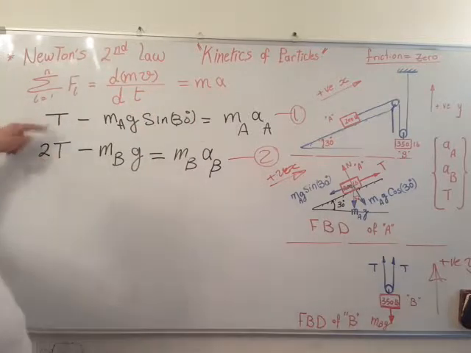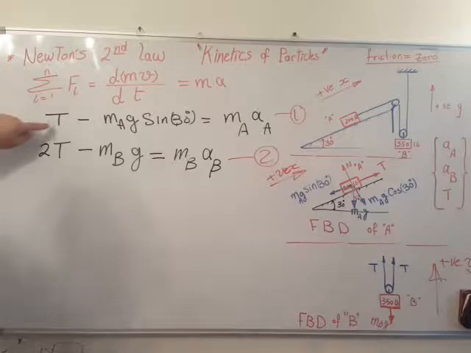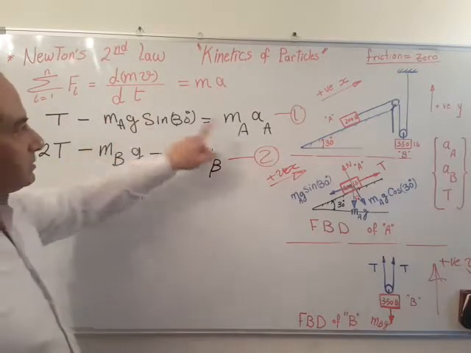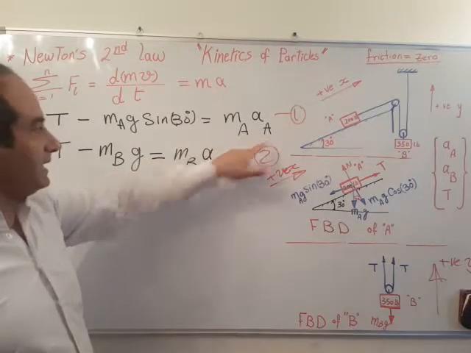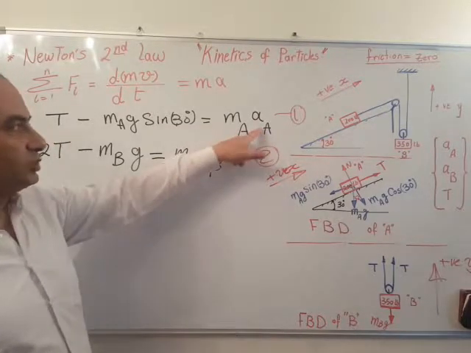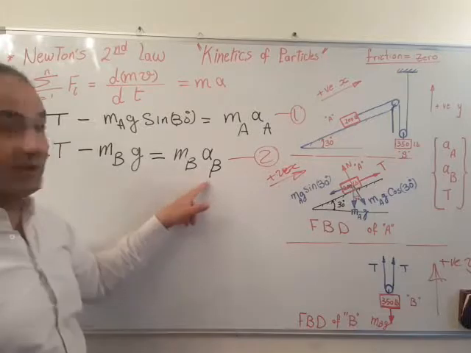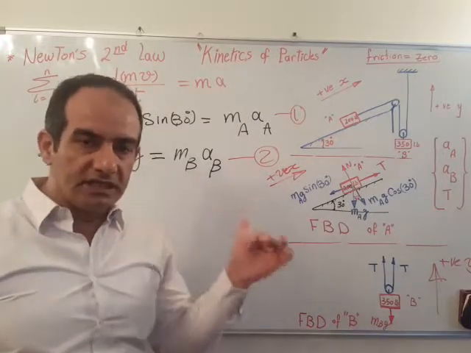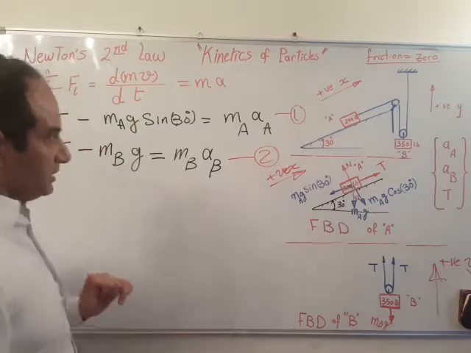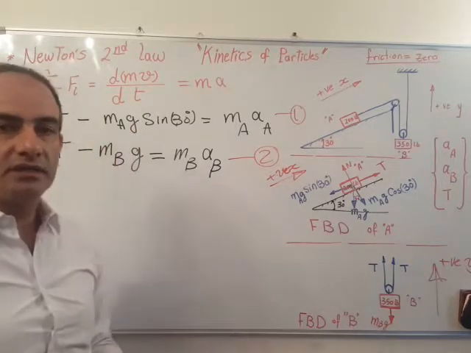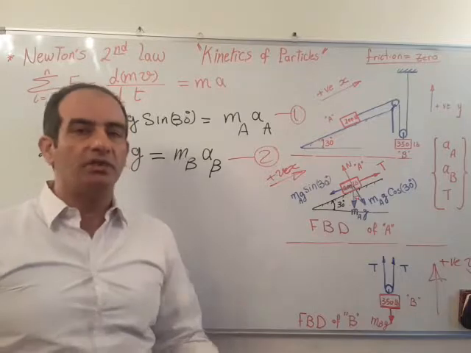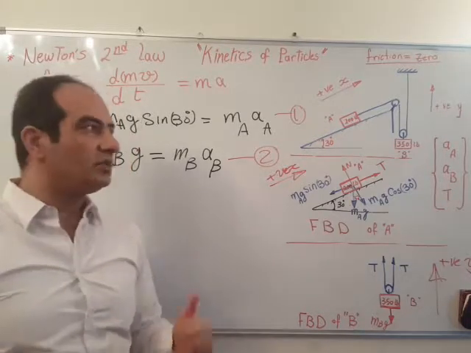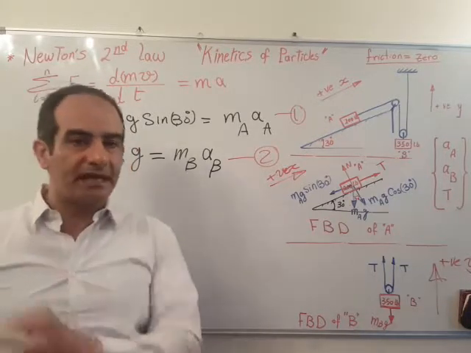But we have this unknown and another 2 unknowns, AA and AB, the acceleration of mass A and the acceleration of mass B. So we have 3 unknowns in these 2 equations. So we cannot solve this system this way. We need another equation. We need to utilize some kinematics.